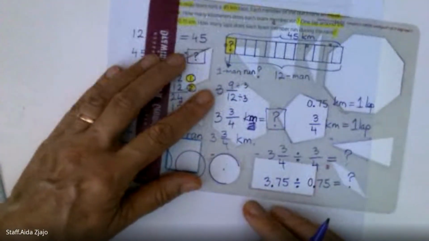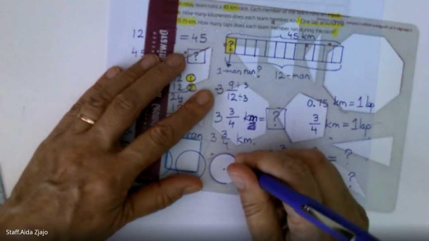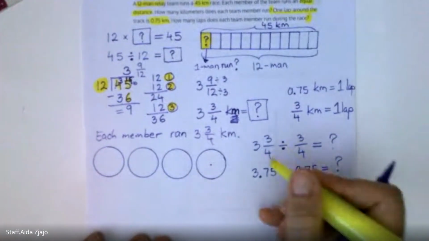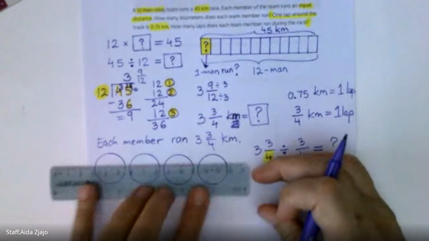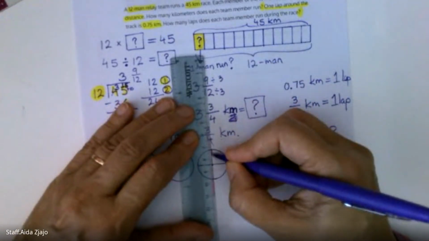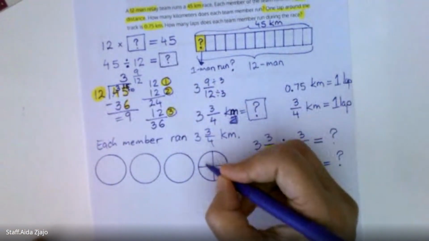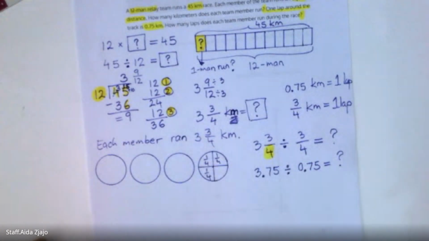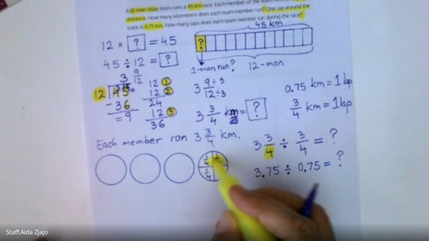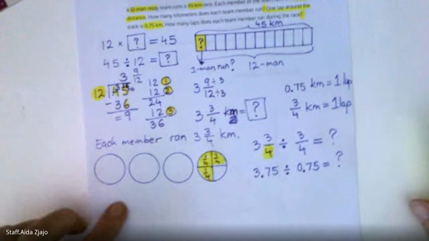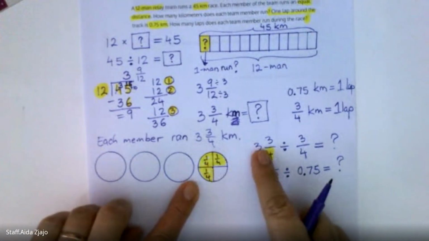So I can do whole circles. 3 3/4 would not be 4 wholes, but because our fractions are fourths, I'm going to cut now. If I cut it, this represents the 3/4: 1/4, 1/4, and 1/4. That represents 3/4, and that is 1 lap. So 3 wholes and 3/4 is represented like this.